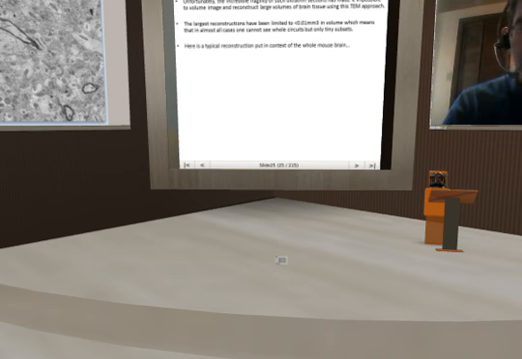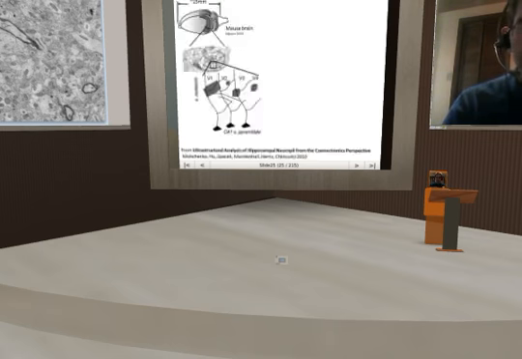Here's a typical reconstruction put in context of the whole mouse brain. So this is from a research paper out of Stephen Harris's lab. At the top here is a mouse brain, 15 millimeters long. A tiny section of the hippocampus was removed, put through this tissue processing, and then an even smaller region of that was cut.